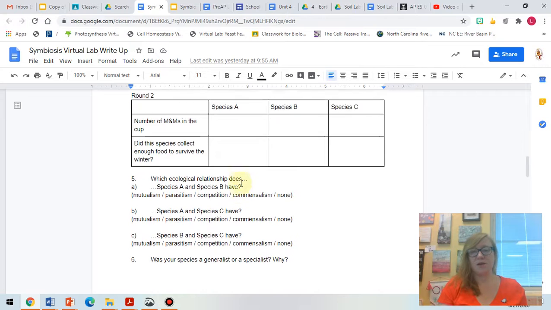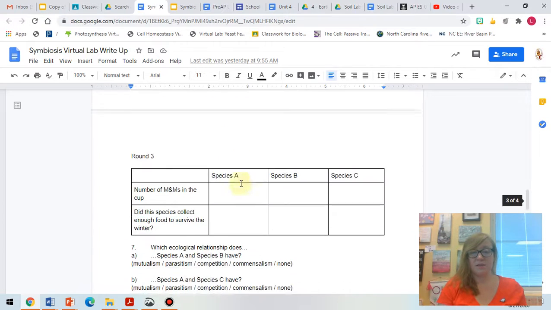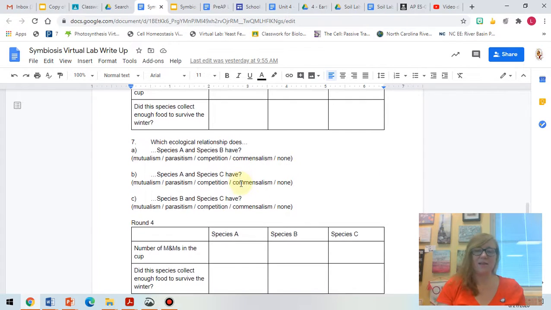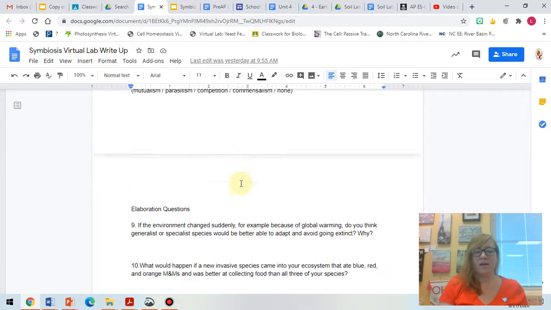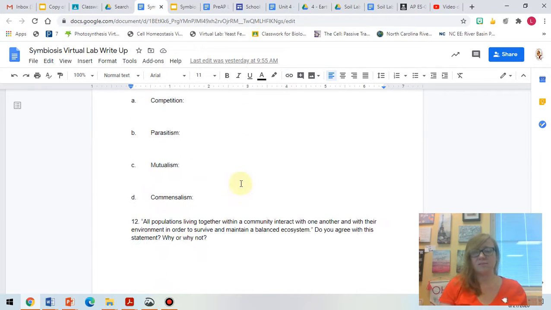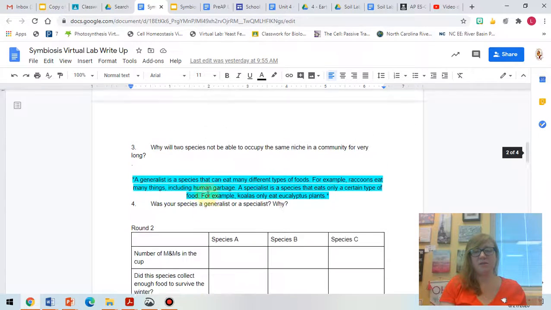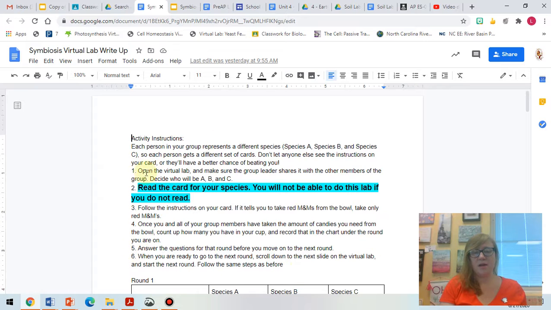There are fewer questions as you go on, because you'll get it a little better by round 3 or 4. And then there are questions at the end. So that's the lab. I'm going to go through the instruction part with you, and we'll get right started.